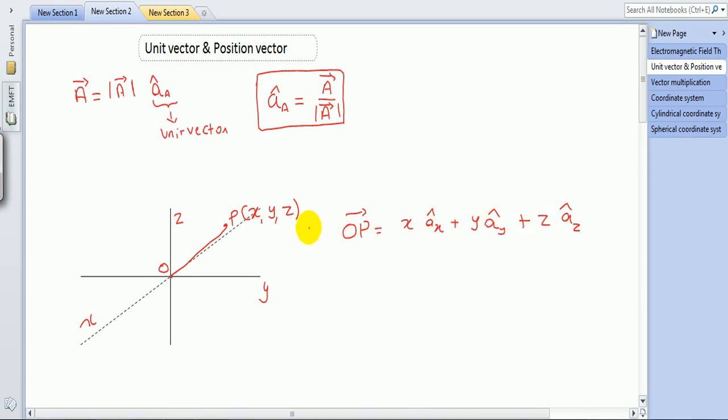This is from the coordinates of the point P.